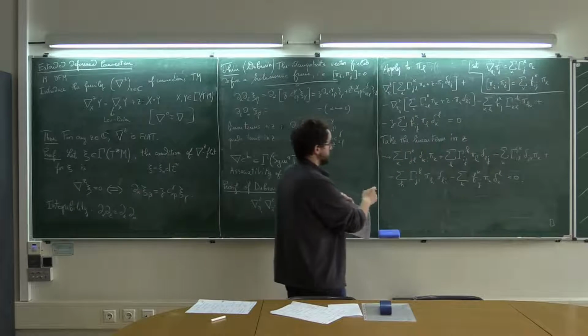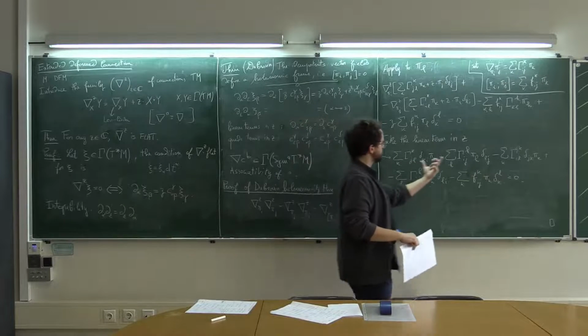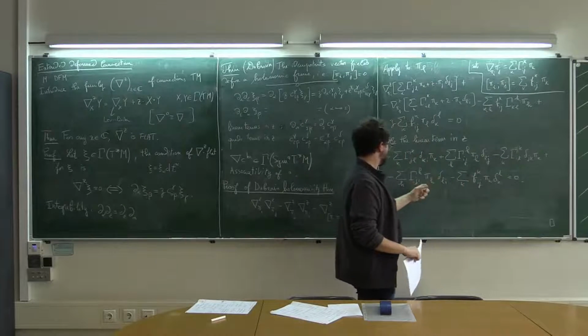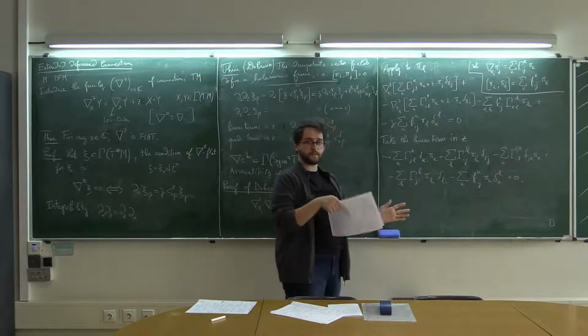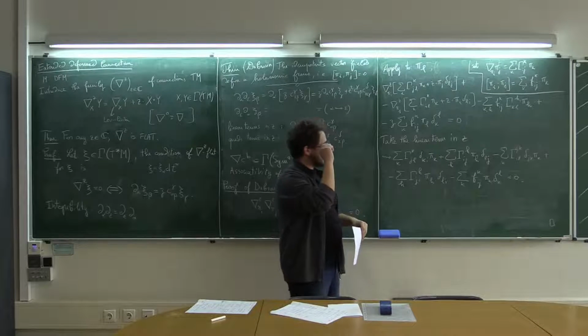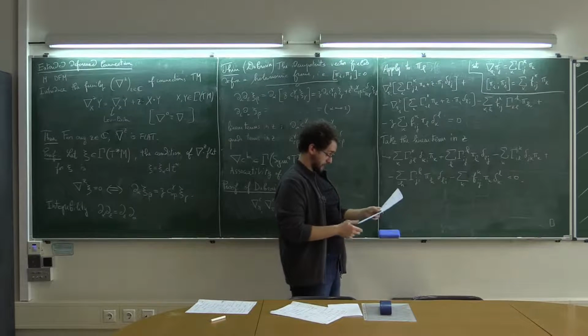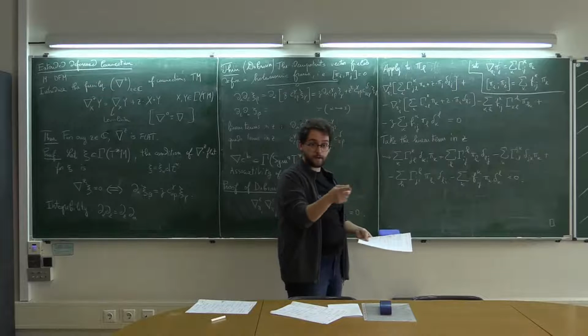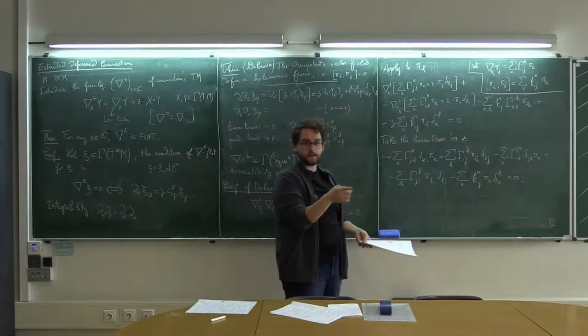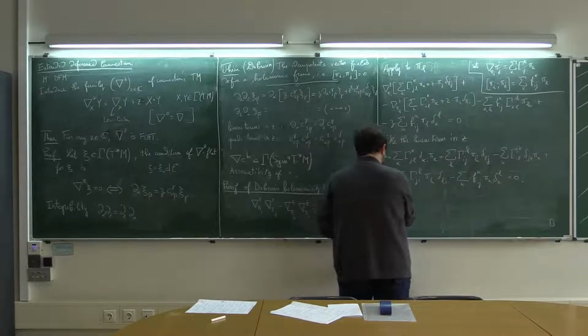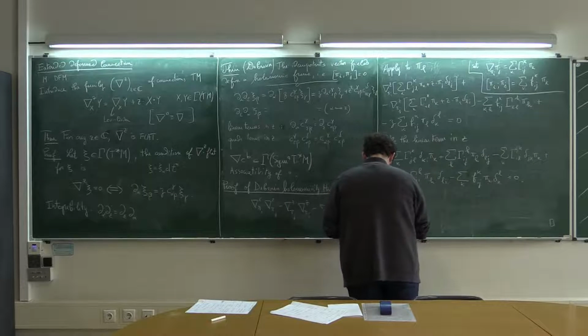You see, each of these summands is a combination of these idempotent vector fields. I can just take the component with respect to one of them, a generic vector pi k, and I obtain the following identity.